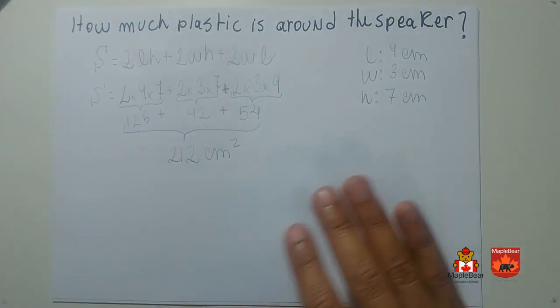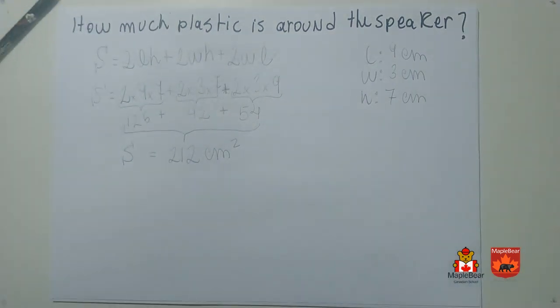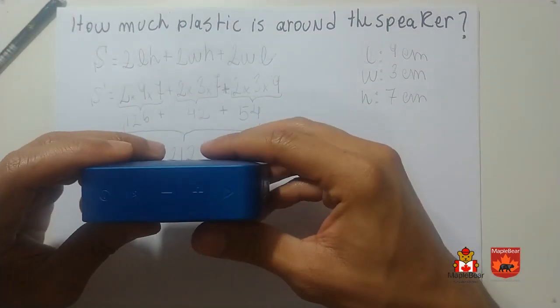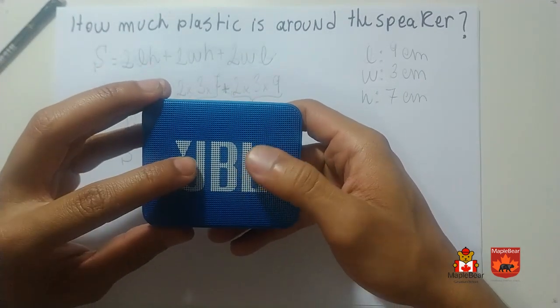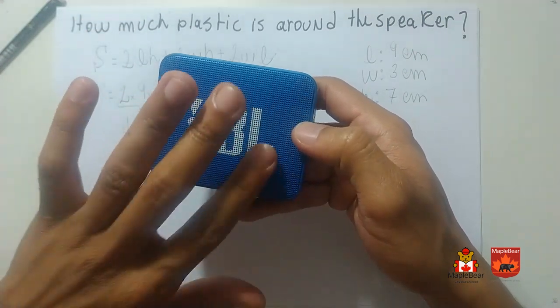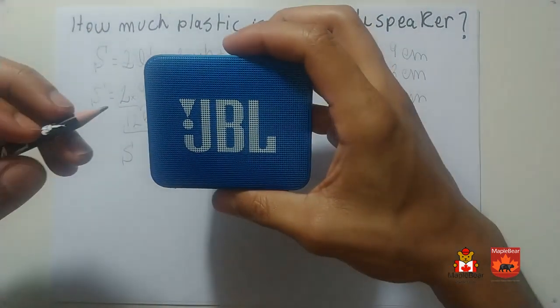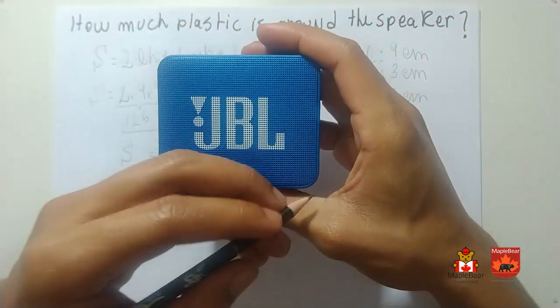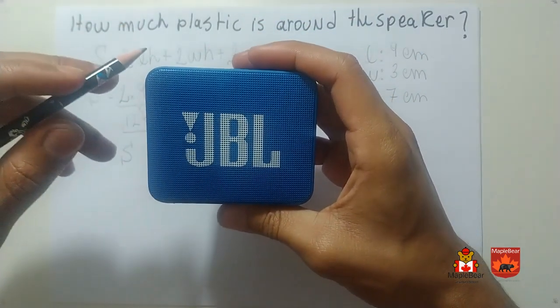Now, is that the end of my question? No. Why not? Because I'm asking how much plastic is around the speaker. And what about my metal grid? I need to eliminate that face, so I need to remove it from the calculation I did. I need to know the dimensions of that face, and they are 9 and 7.